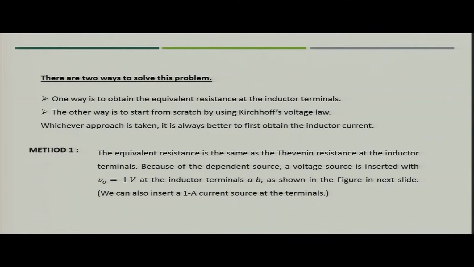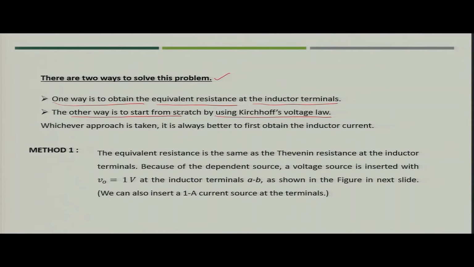Now, here we have two ways to solve this problem. One way is that we can obtain the equivalent resistance, or the other way is that we start from scratch using Kirchhoff's voltage law. When we have to find the equivalent resistance, we can utilize our knowledge of Thevenin's theorem and simplify the circuit.